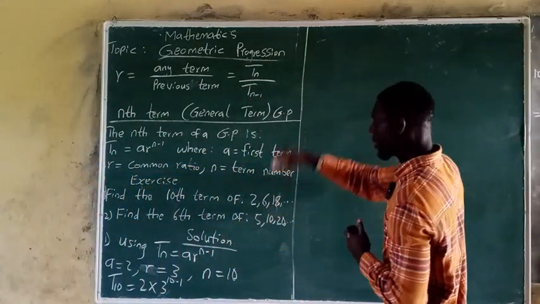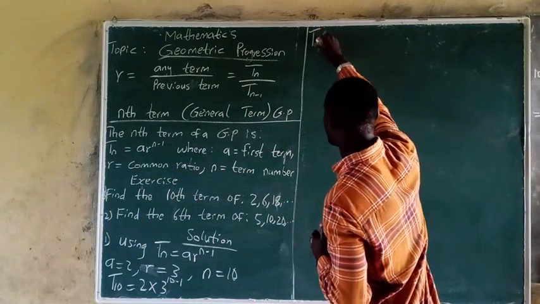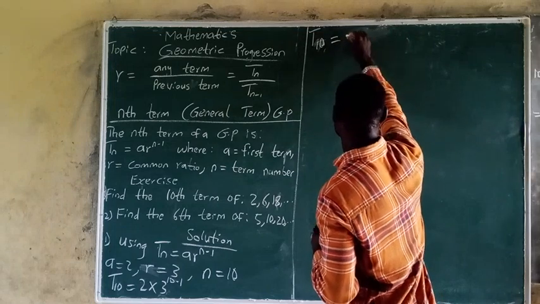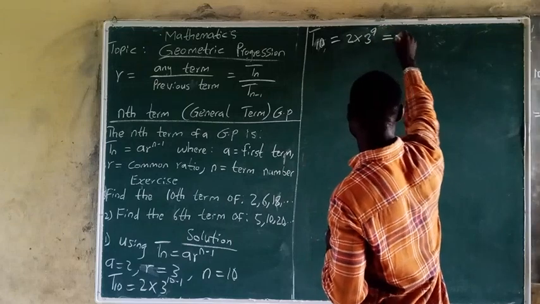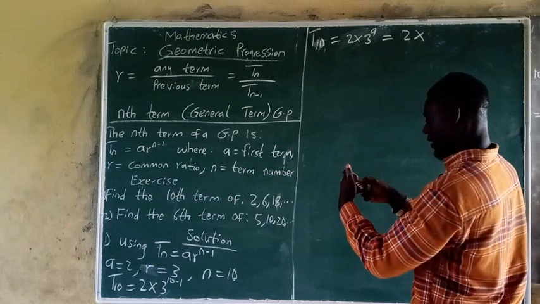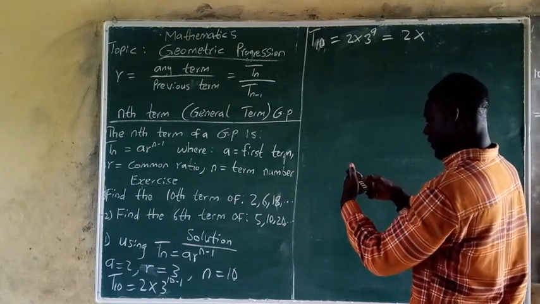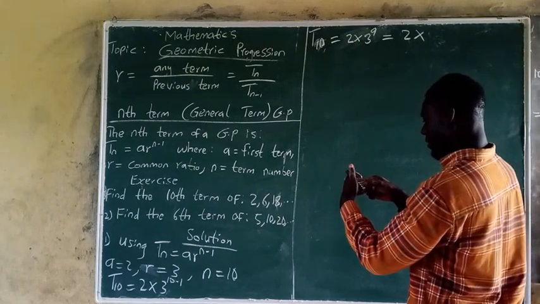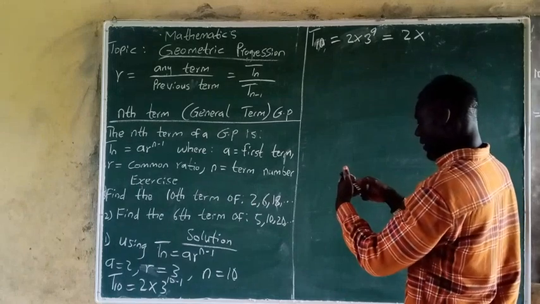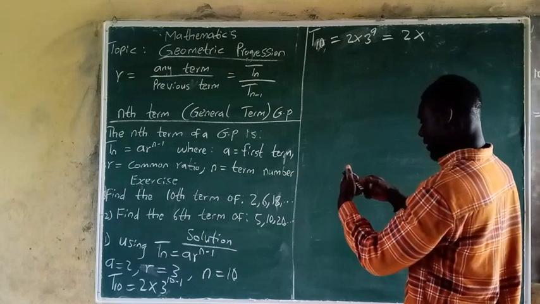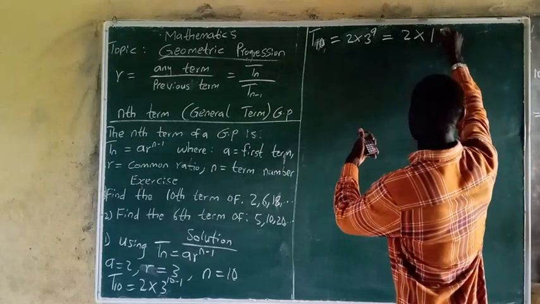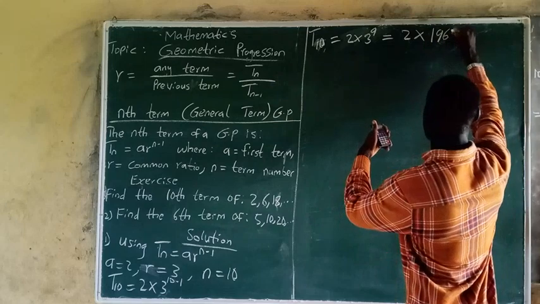This implies that t sub 10 is equal to 2 times 3 raised to the power of 9, which is equal to 2 times, let's do the calculation, 3 times 3 times 3, nine times. 3 raised to the power of 9 will give us 19683.